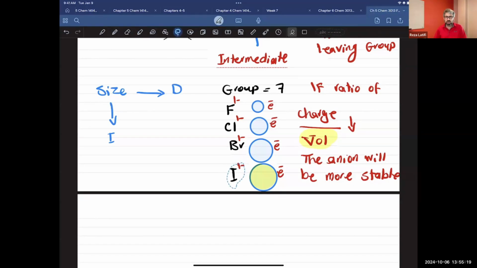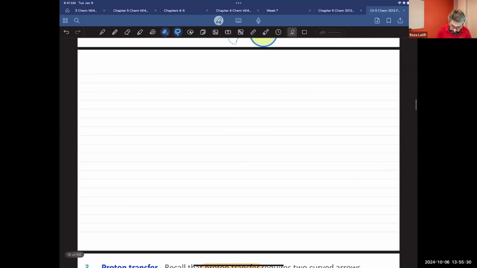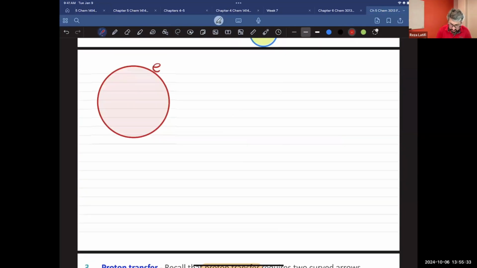Why? Because the charge is not changing. The charge is -1 for all of them, but the denominator, the size of iodine, is the biggest. That means you will have a big particle with only one charge sitting on it. Yes, that electron is going to fill the electrons of iodine, but iodine can easily handle it.